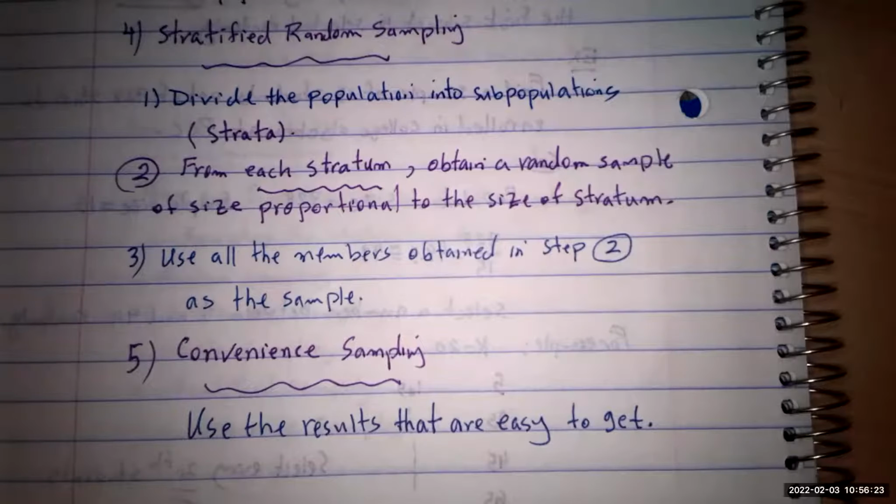Random sampling, easy. They have to tell us that they did it randomly using either a random number table or a computer. Systematic is the easiest one because they have to tell you every what? Every second, every fifth, every third. So those two are easy. Clustering and stratified, you have to pay a little more attention to be able to get it.